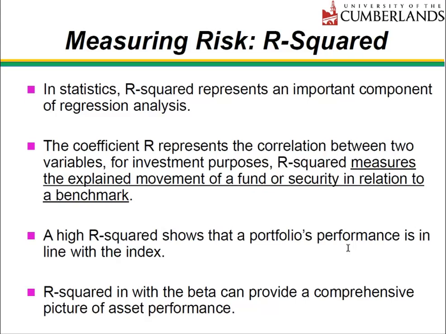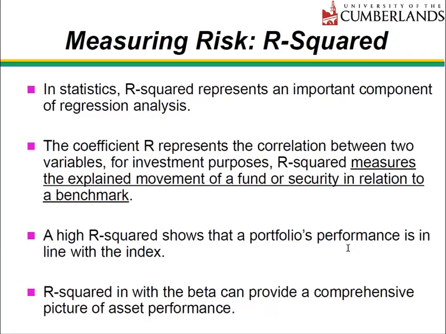R-squared represents another important component of our risk measurement toolkit, providing insight into how much of an asset's movement can be explained by the market's movements. In statistics, R-squared is a fundamental component of regression analysis, measuring the proportion of variance in the dependent variable that's explained by the independent variable.